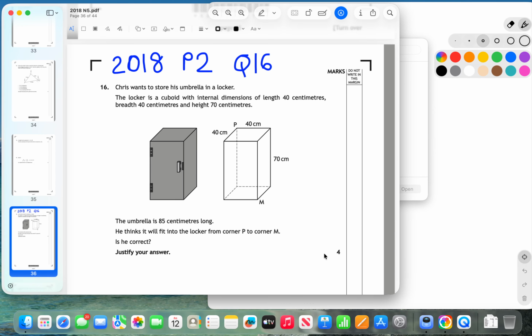So this is the 2018 Paper 2 question 16. The reason I'm going to do this one is because this question in particular confused a lot of people. In fact, I can remember the memes online about just how difficult it was.